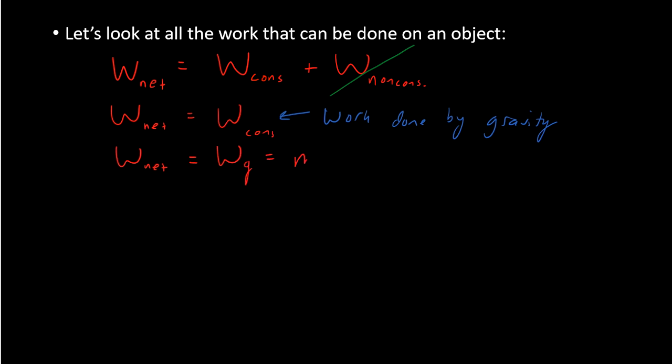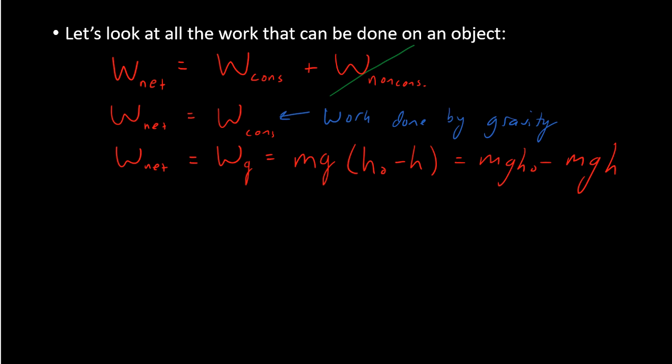Well, that's equal to m times g times h naught minus h. All right, well, if I have the net work equals mg(h naught minus h), that's mgh naught minus mgh.